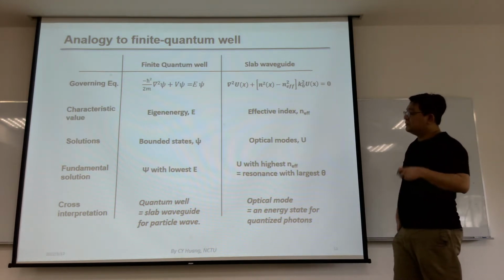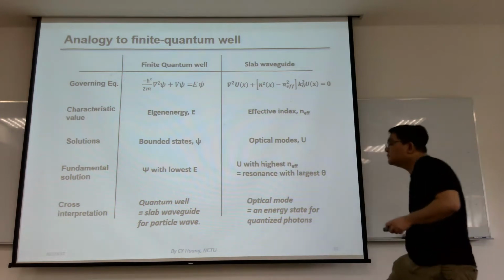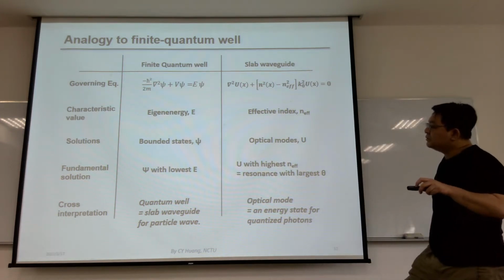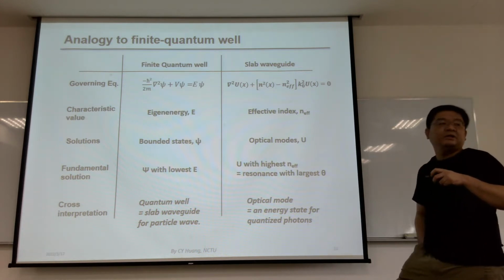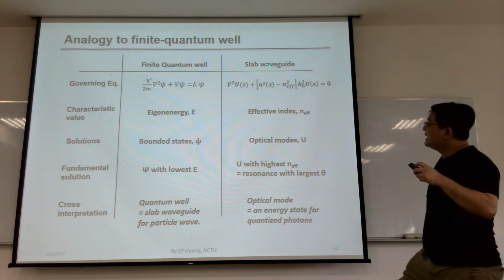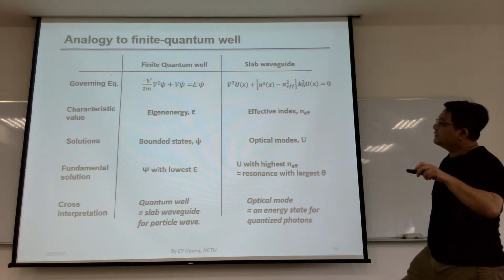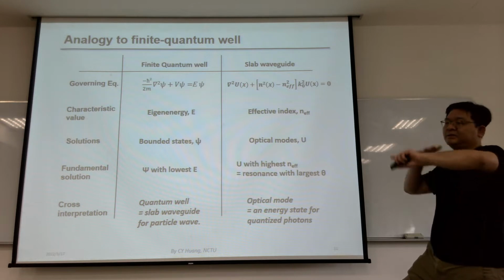The fundamental solution for the finite quantum well is the wave function with the lowest energy. For the slab waveguide, because we have a minus sign here, the order is opposite.